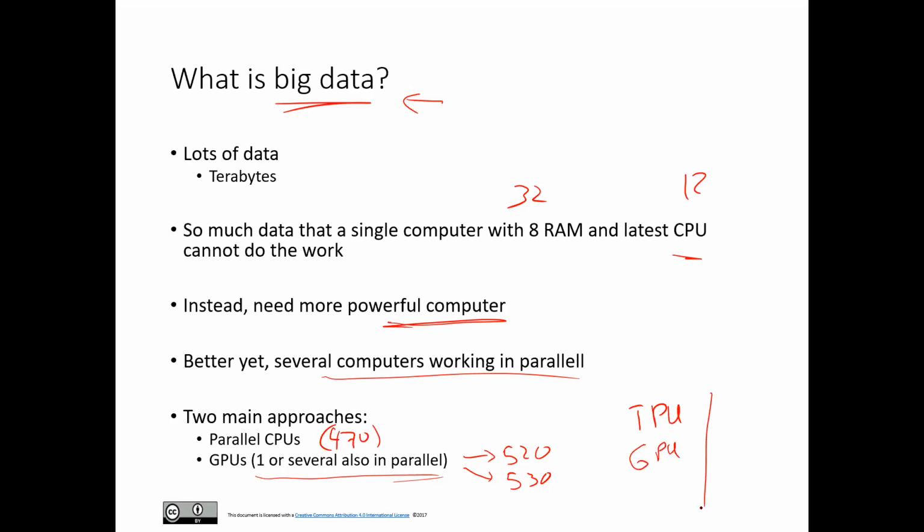And then maybe in the future, anyone know of anything else? Any other approach to big data? No? Maybe in the future, quantum computing or something, but we may actually never, at least your generation may never see that become a reality.